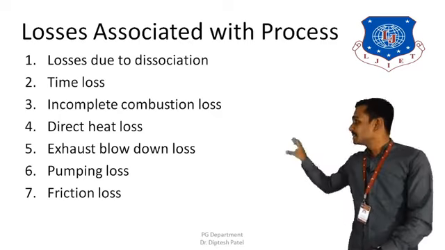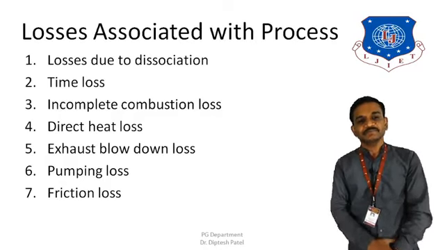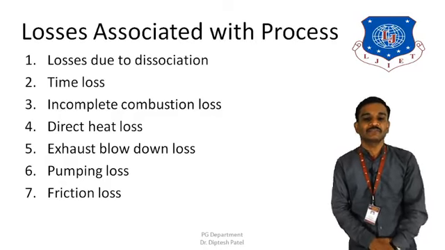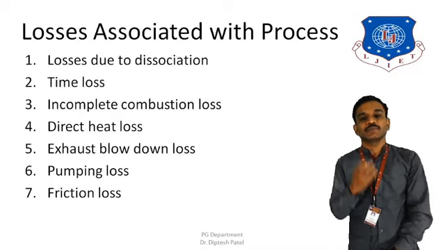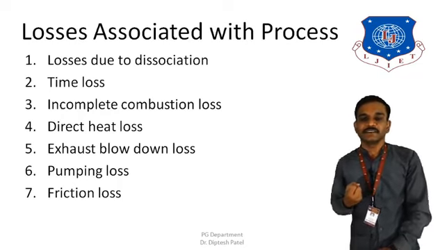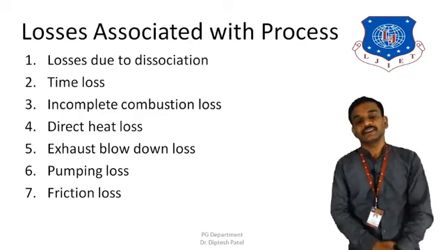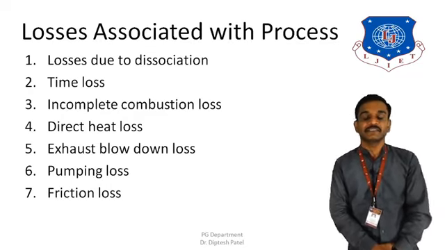Then fifth one is exhaust blowdown loss, which is the amount of heat lost during the exhaust process. While sixth one is pumping loss, we require a certain amount of power to suck the fresh air and fuel mixture into the cylinder, and also to push these gases out of the cylinder. So a certain amount of loss is associated with that as well.